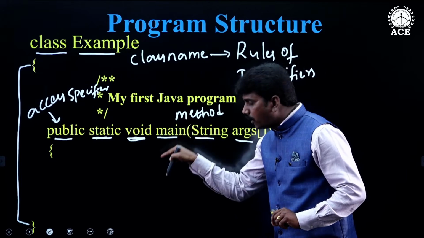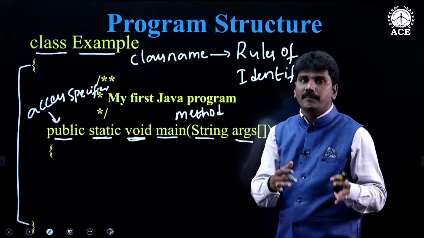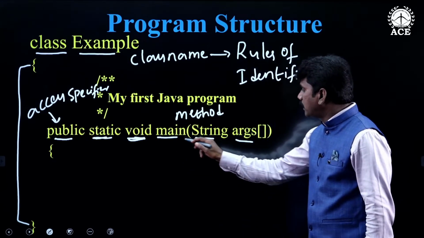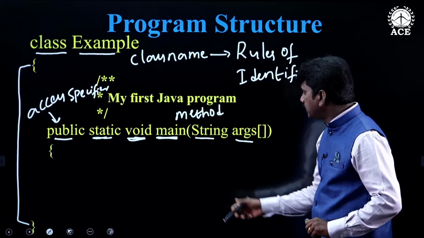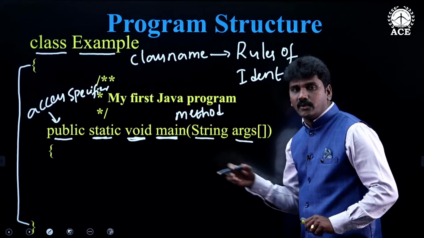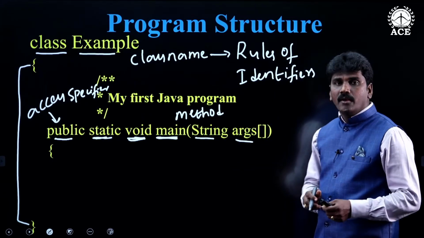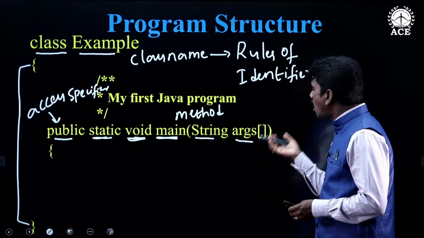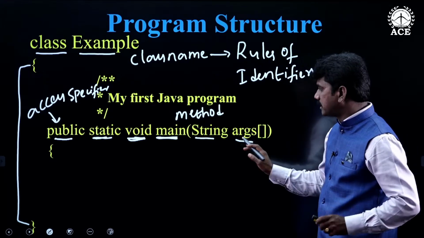Whenever we don't want to return any value from a method, we use void. And after that we have the main method, from which the execution starts. And then String args: whenever we provide arguments from the command line, those argument values will be stored in args. Don't worry at this stage.